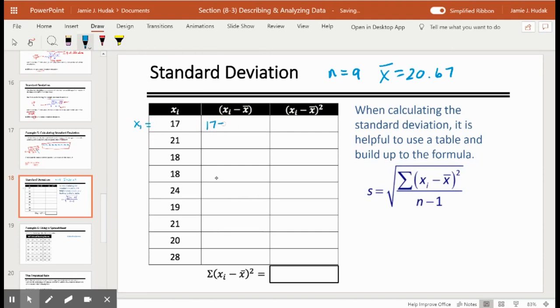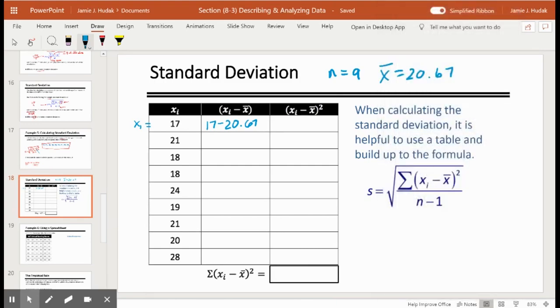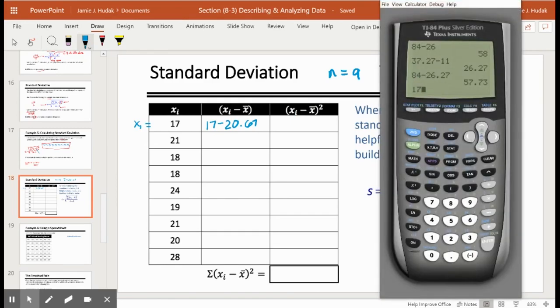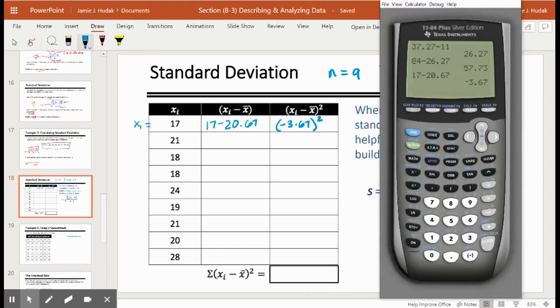So it means we have 17 minus 20.67, and we get negative 3.67, and that's what will be in the parentheses, and we will square that, and that gives us 13.46. We'll round it to 13.47.